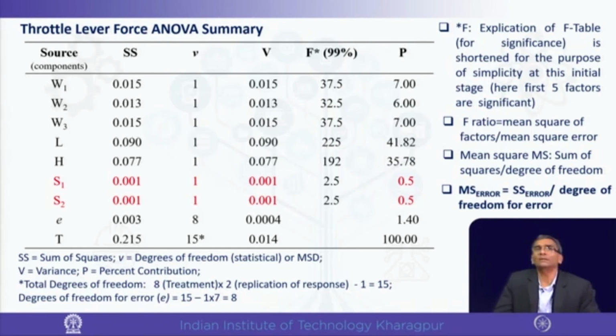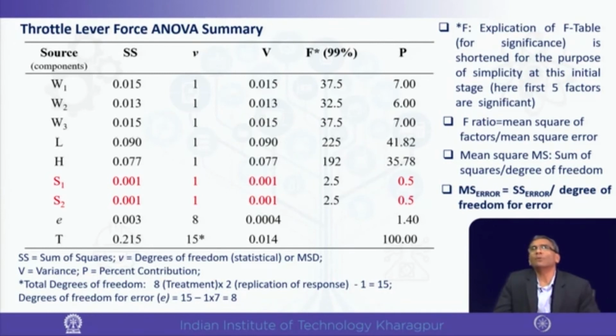So, total degrees of freedom is equal to 8 treatments into 2 replications, minus 1, is equal to 15. Then the mean square, or what is called the variance. So, the variance is the sum of squares divided by the degrees of freedom, and you can see those values here.